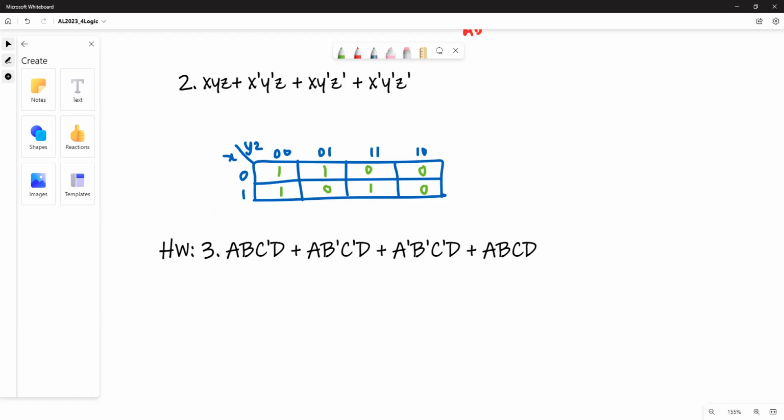So do this as a homework and then send me your answer as a WhatsApp message. And next week we'll discuss how we can simplify Boolean expressions using Karnaugh maps.